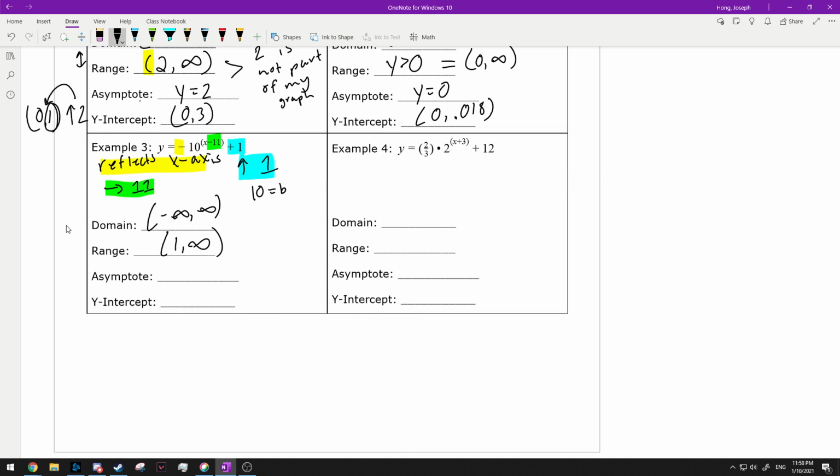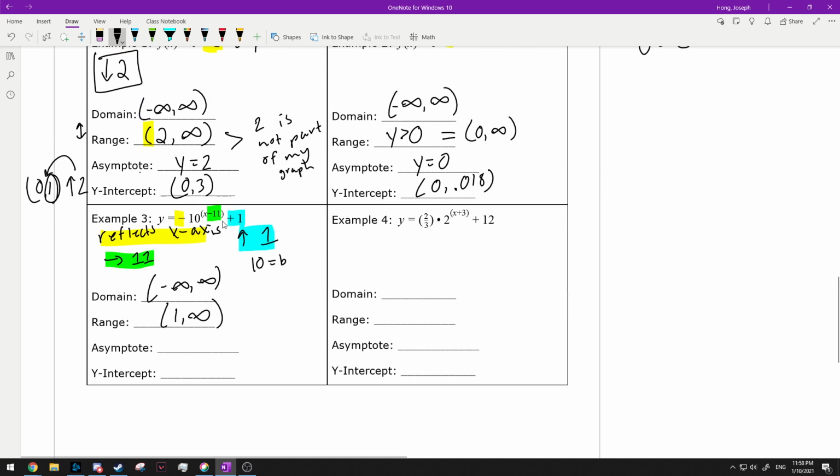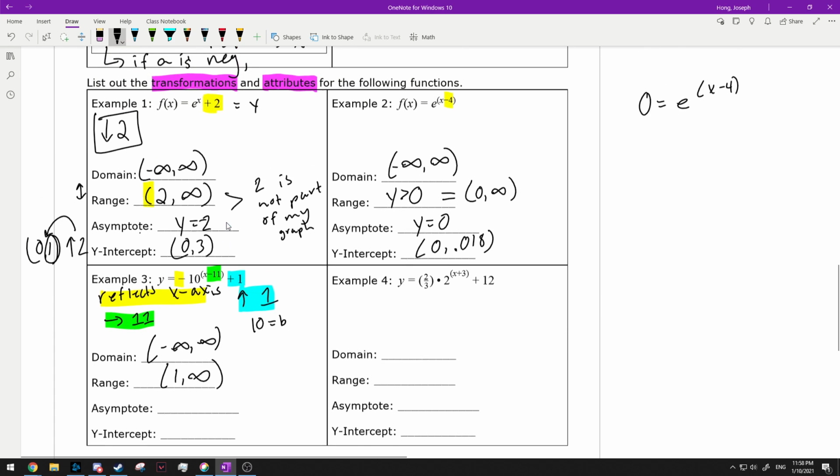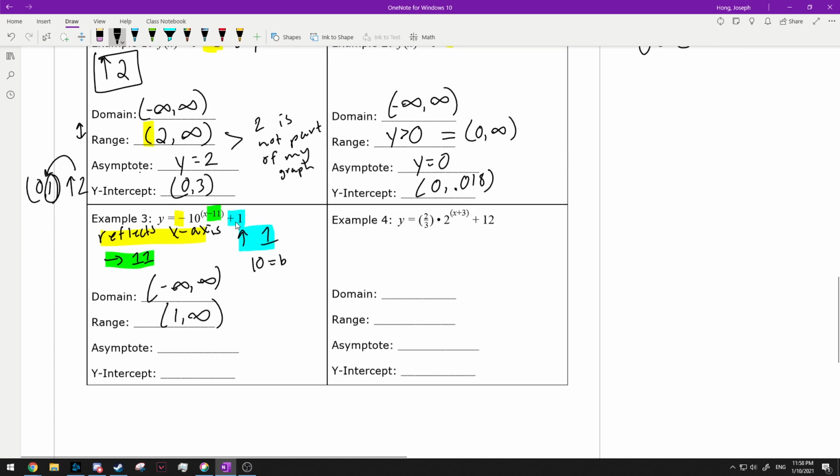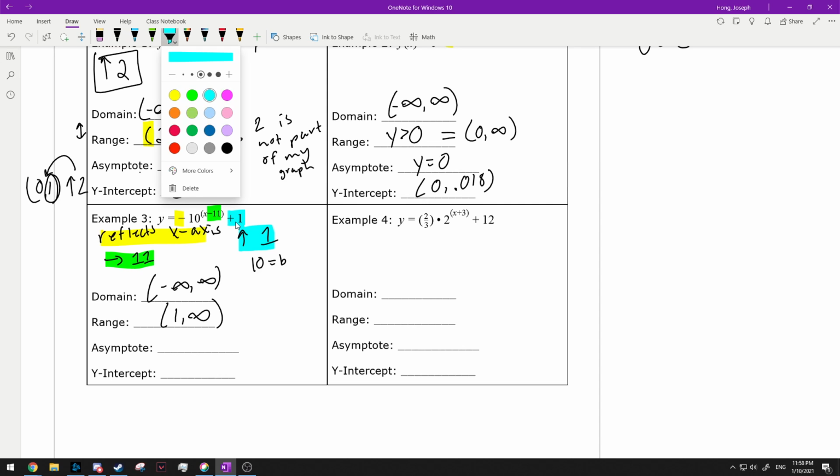The asymptote, once again, if my asymptote went to y equals 2 on my question 1, or y equals -2, sorry. Wait, did I go down 2? Whoops. So let's go up 2. If I go up 2 and my asymptote became 2, really this transformation is told right here.